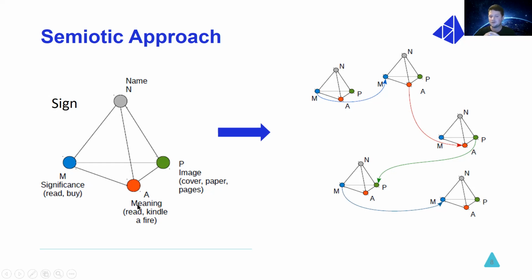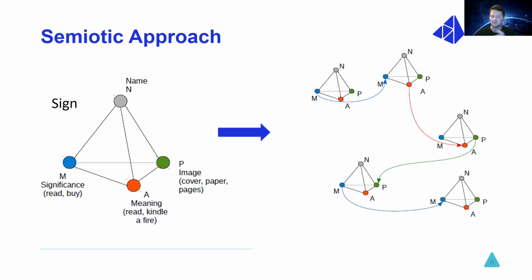And meaning is something that the agent develops through interacting with the environment, and this is how experience works. In some cases, you may read the book, or maybe you would like to burn this particular book, and then this will be the meaning for you, or our agent in this case. Image could be considered as a description of our object that helps us distinguish one sign from another sign.